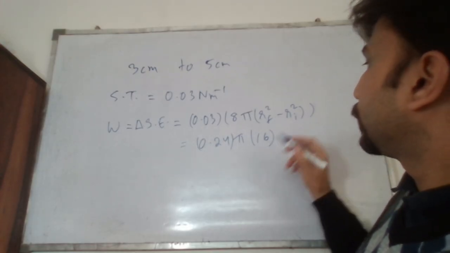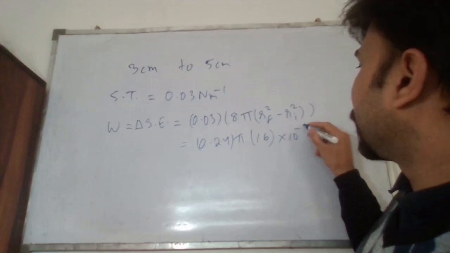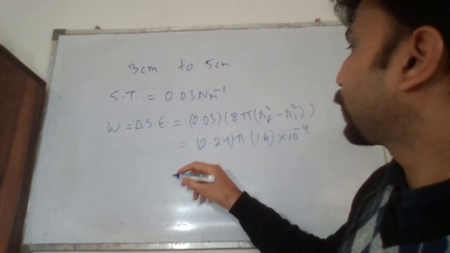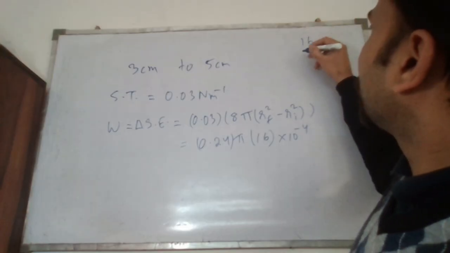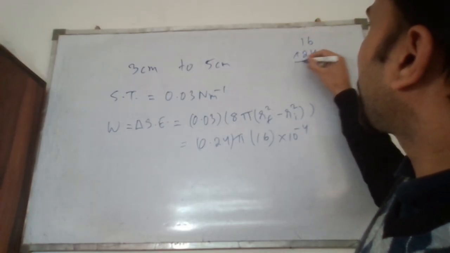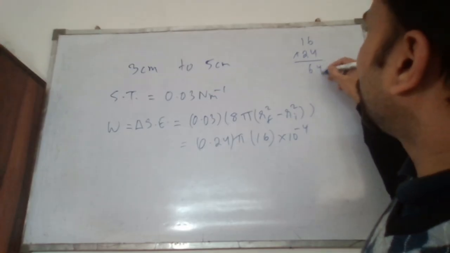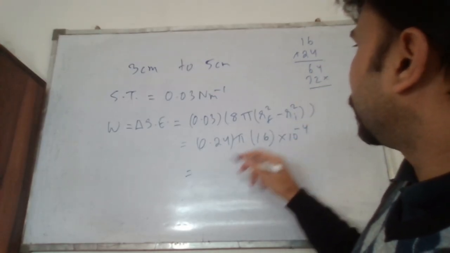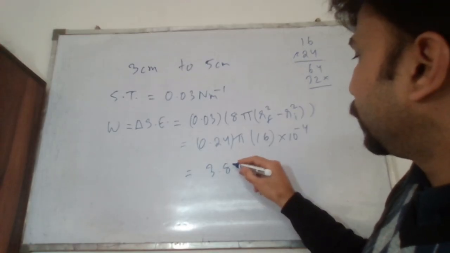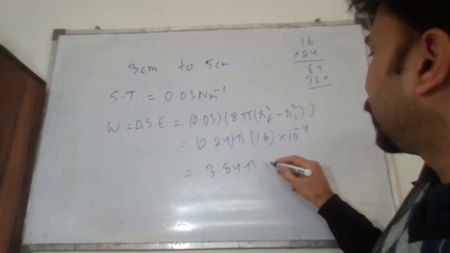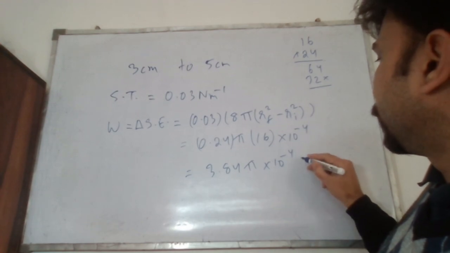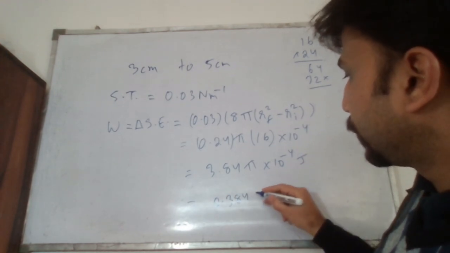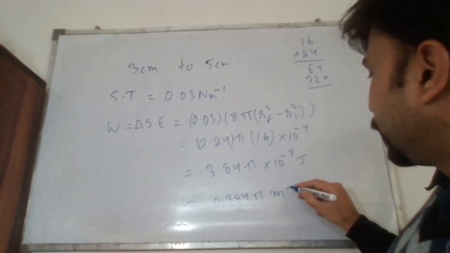Centimeter square. So 16 into 10 to the power minus 4 joules, something like that. So 16 times 24 is 384. So this is 3.84 pi into 10 to the power minus 4 joules, or some 0.384 pi millijoules.